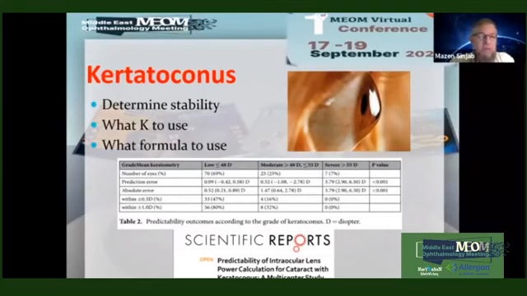Why this differentiation? Because in PMD, there are two things. The first one is it is progressive regardless of age, so we have to stabilize it. If the patient is above 40 or less than 40, above 50, we have to stabilize it because it is progressive, not like the keratoconus.